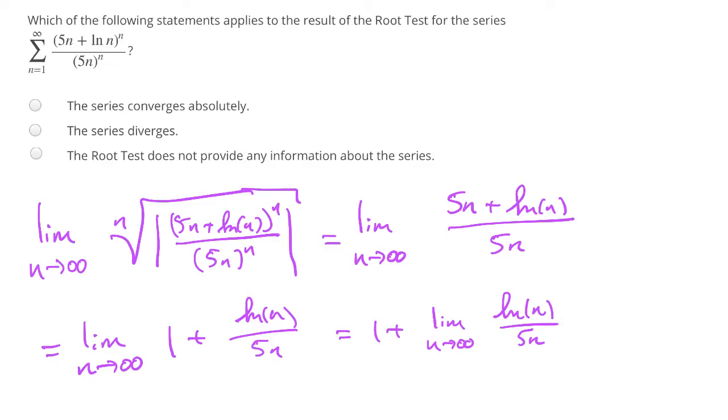In this case, n goes off to infinity, so the natural log goes off to infinity, and n goes off to infinity, so we end up with an infinity over infinity indeterminate form, which we could fall back to L'Hopital's rule in the continuous case to see exactly what's going to happen. So what we're interested in is the limit as x goes off to infinity of the natural log of x over 5x.